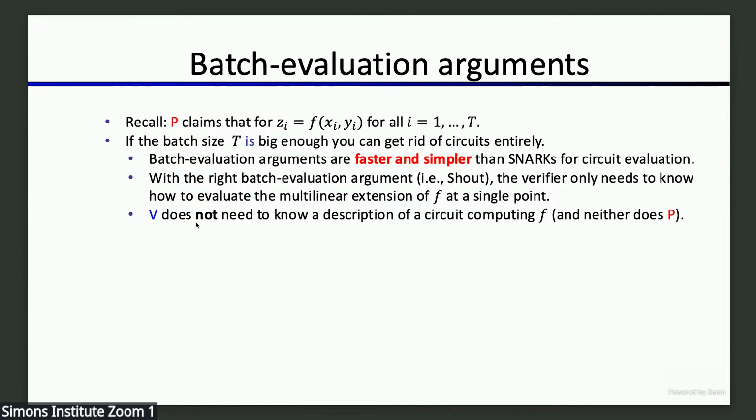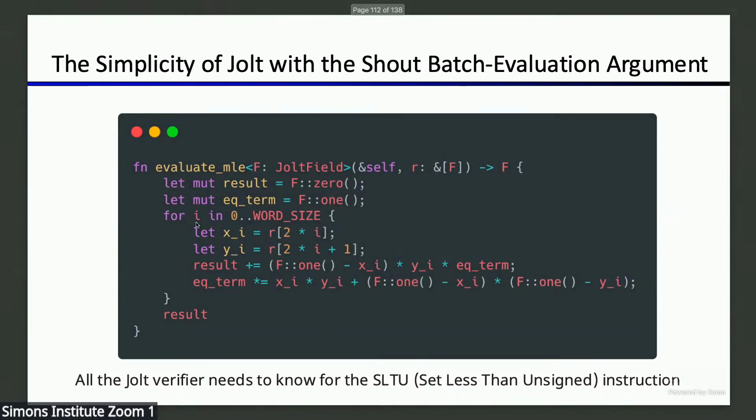If you look at Jolt, this is one of the more complicated RISC-V primitive instructions: set less than unsigned. You're asking whether X is less than Y as integers. In the old way you'd have to specify a whole circuit computing less than, and you have a problem: X and Y are committed as one number each, but to turn X less than Y into low-degree operations you need a bit decomposition, which is expensive.